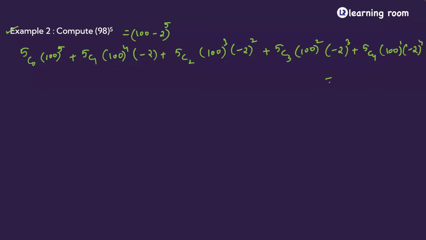And what will be the last term? It will be 5c5 into 100 raised to the power 0 into minus 2 raised to the power 5.